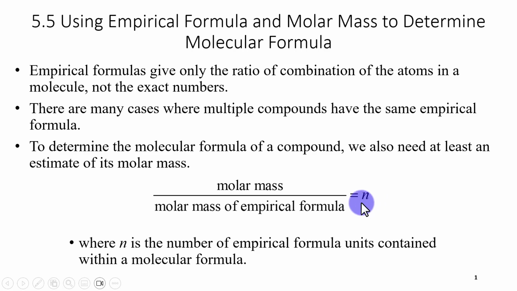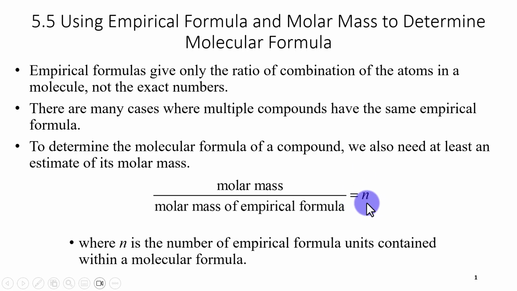So if it's really close to the integer on the lower end, say 2.2 or 2.3, we can round down to 2. If it's really high, like 2.8 or 2.9, we can round up to 3.